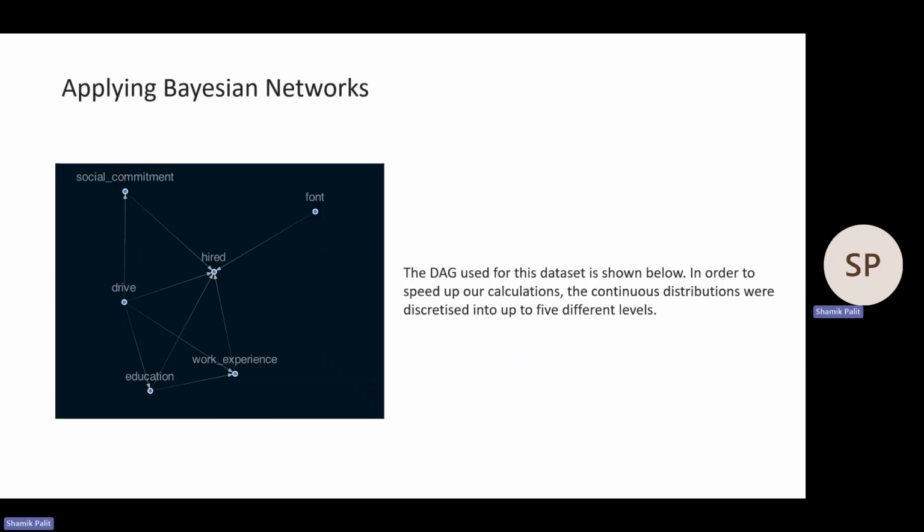Okay, so now coming back to one of the most important things which we should learn over here, like how we can start applying a Bayesian network based on the available parameters, as we have already seen. And our main target is to find out the probability of a person being hired or not. And this can be represented in the form of a directed acyclic graph or DAG. You can have a look at this particular diagram.